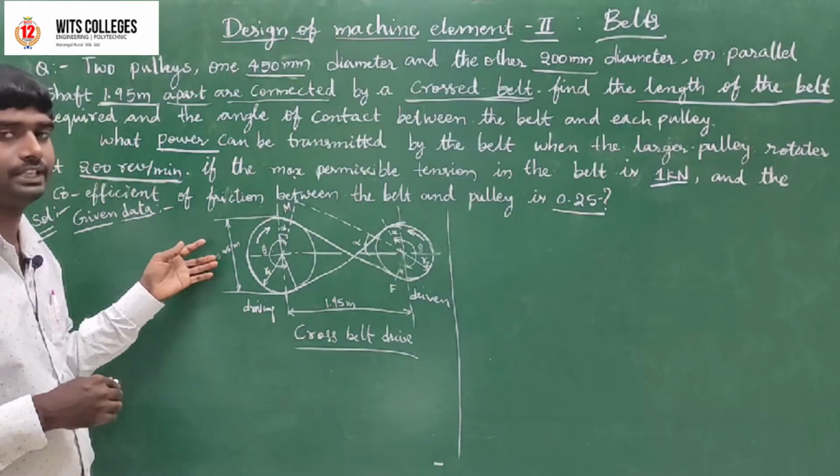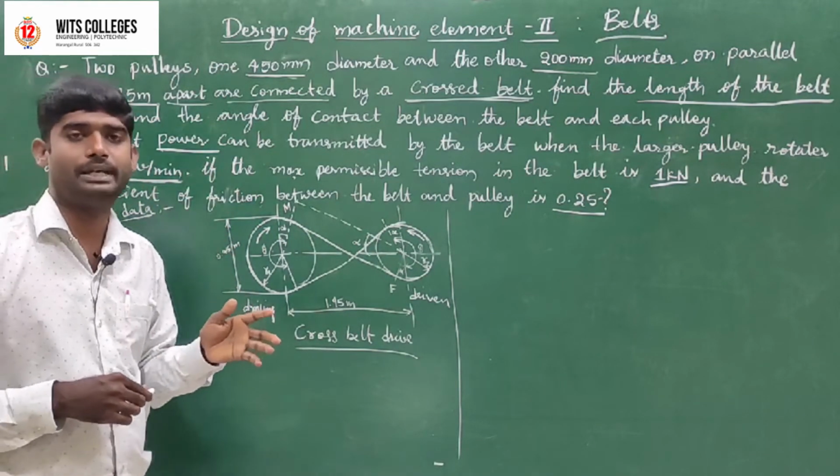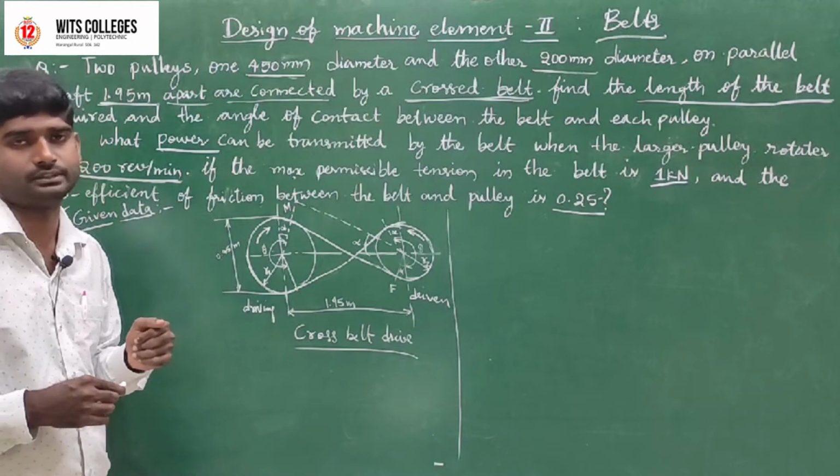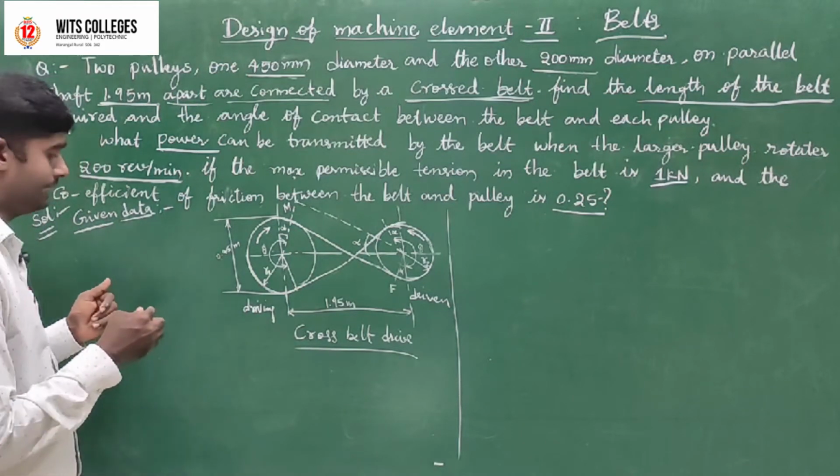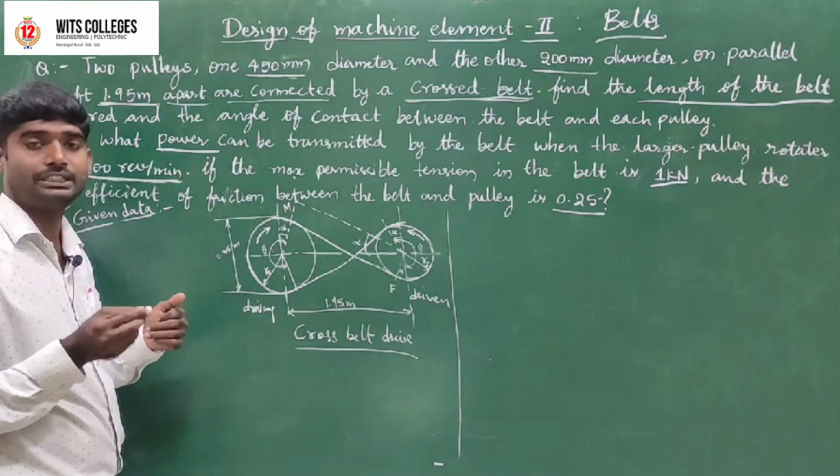Using this given data, find out the length of the belt and the power transmitted by the belt. First of all, write down the given data.